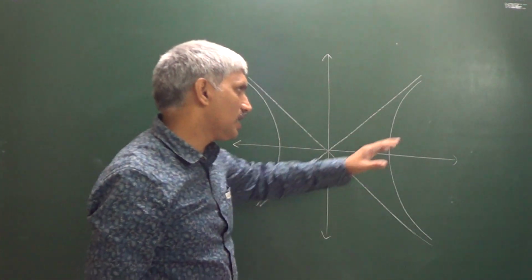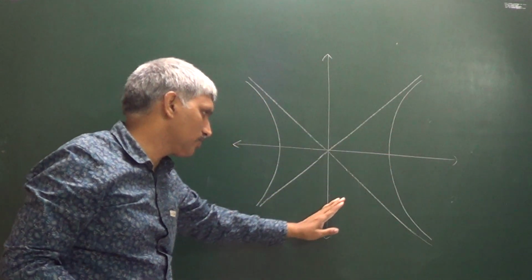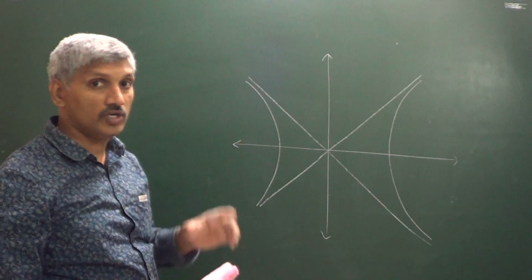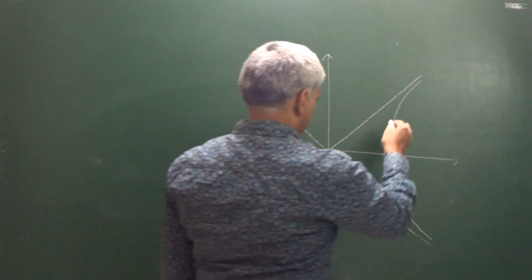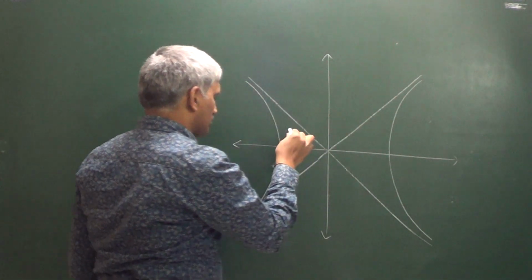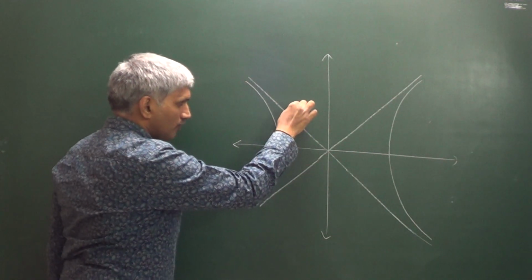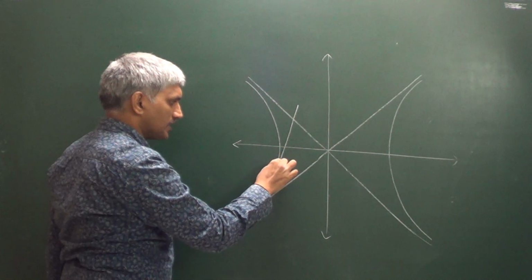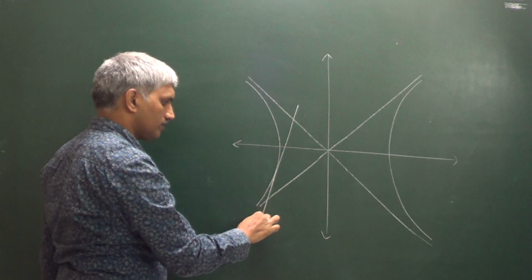A line parallel to an asymptote of the hyperbola always meets the hyperbola at only one point. Now another question: we are drawing a tangent to the hyperbola. This is the tangent drawn to the hyperbola.